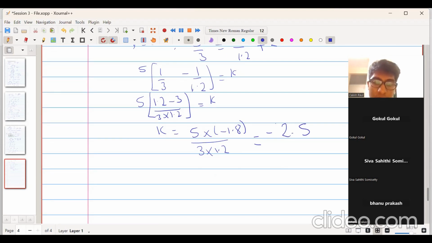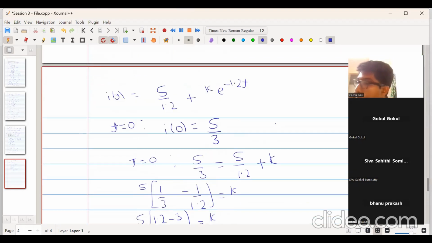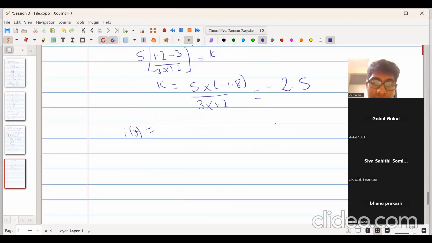So now the equation will be, what is 5 divided by 1.2? 4.16. So it will be 4.1667 minus 2.5 into e to the power minus 1.2 t. This is the equation of current through the inductor.